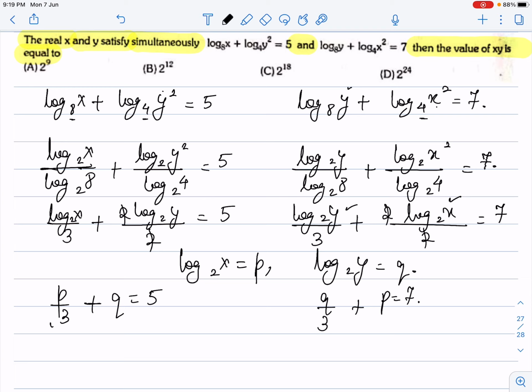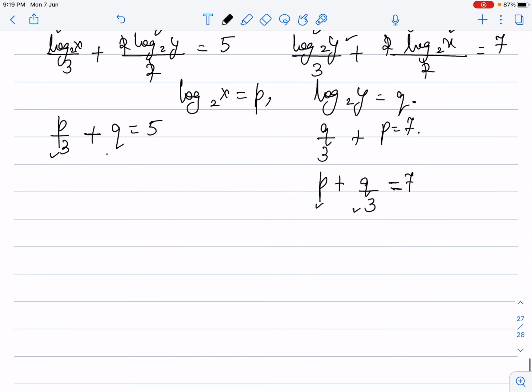When coefficients are interchanged, the second equation can be written as p plus q by 3 is equal to 7. So there is an interchanging of coefficients: 1 by 3 and 1 are the coefficients here, and 1 and 1 by 3 are the coefficients over here. So we have p by 3 plus q is equal to 5, and p plus q by 3 is equal to 7.